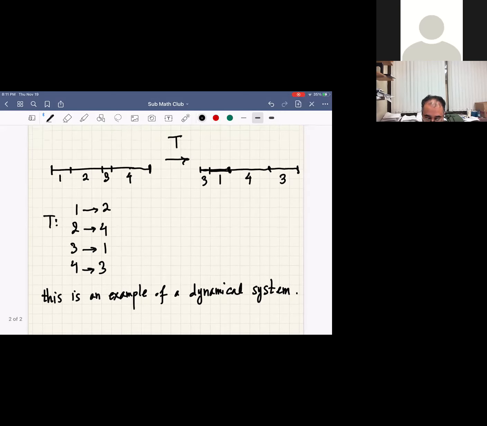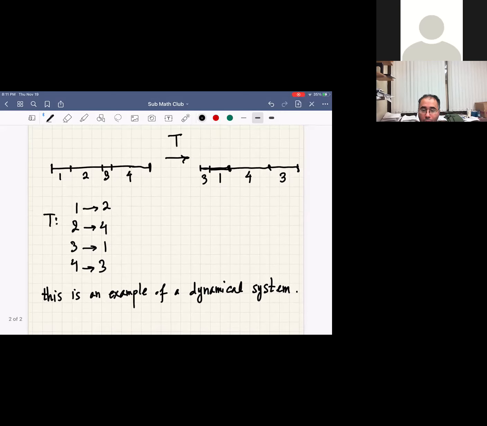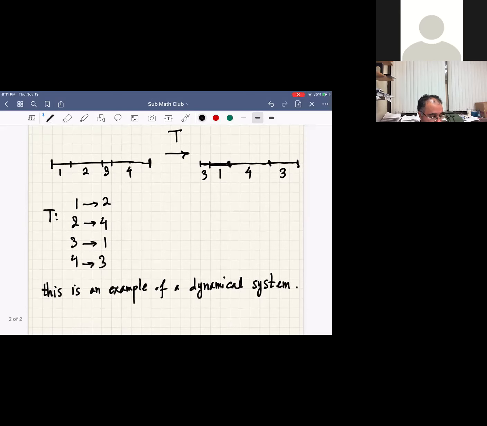I'm going to tell you some questions we can ask about what happens. In particular, you can pick a point somewhere along this interval, and when I apply T once, it comes here. Again, according to the recipe, I exchange the intervals.